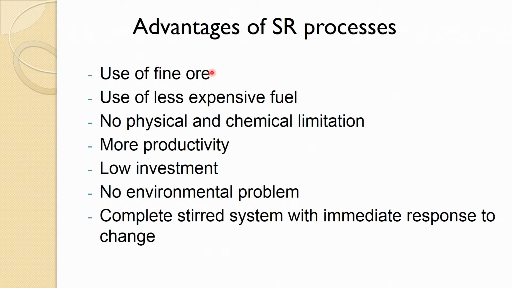So, then you have to establish agglomeration like sintering and pelletization plants, and those are another energy intensive unit. And in this process you can directly use the fine ores, and you are eliminating all those unnecessary units of agglomeration, pelletization, sintering, and a big saving in energy and environmental terms in that way.